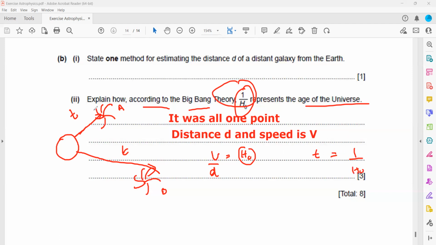So first we find the distance and speed of a galaxy, then the Hubble constant, and we take its reciprocal. We get the time, and that time is the age of the universe. Is it clear? Yes, sir.